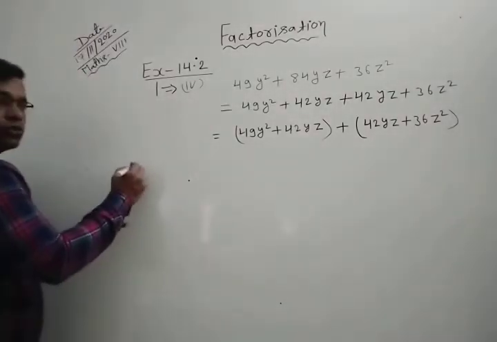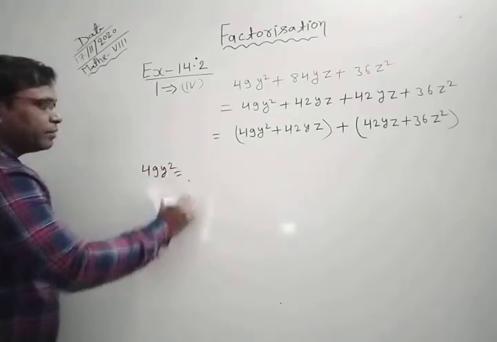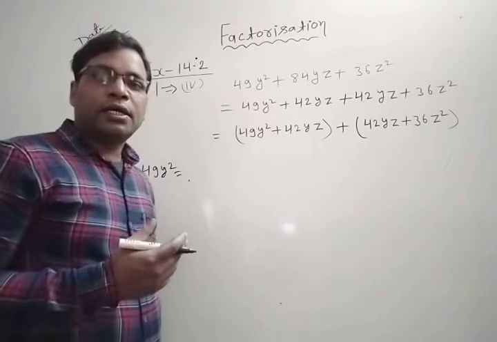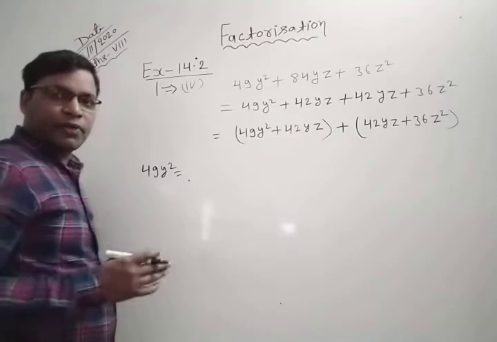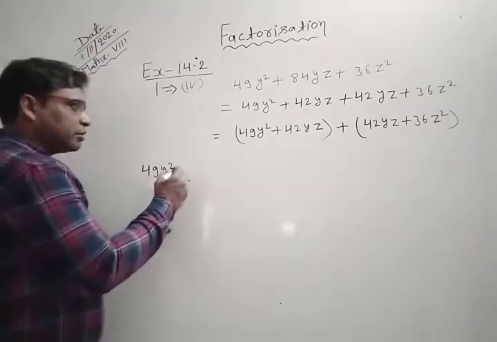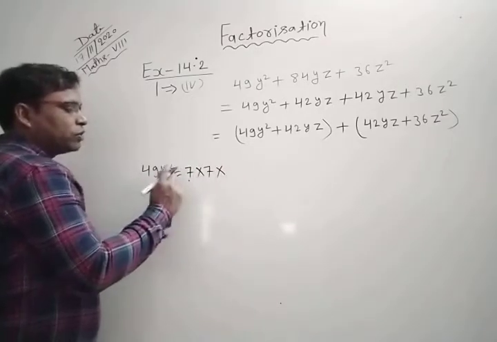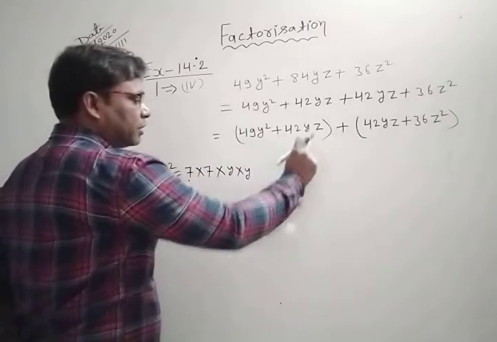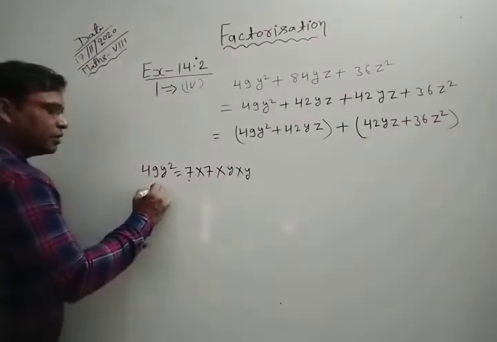We can express 49y square as a product of irreducible factors. So it becomes 7 into 7, and y square means y into y. Now the second term in the first group is 42yz.